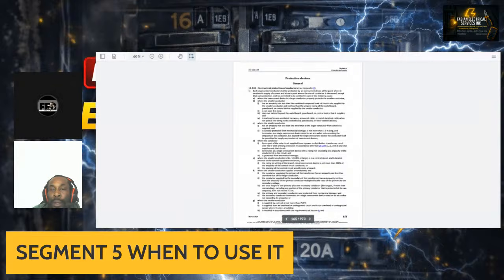But beyond the single overcurrent device, the conductor shall be permitted to supply any number of overcurrent devices.